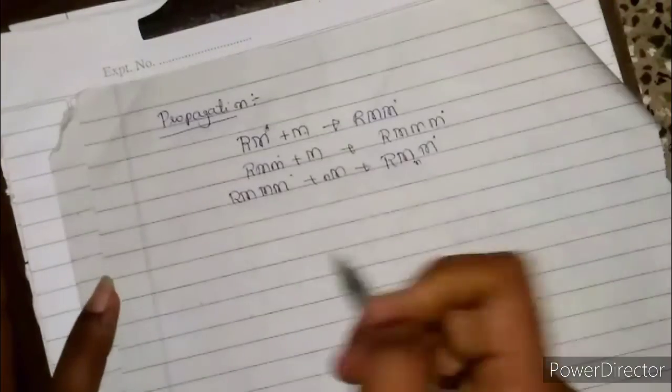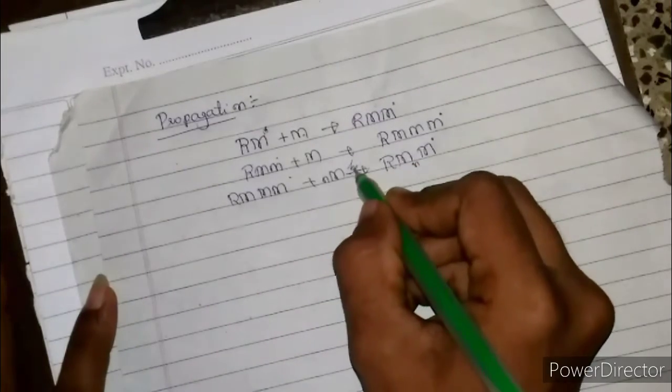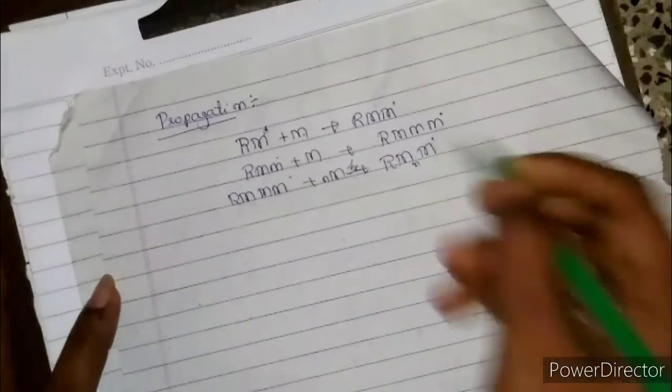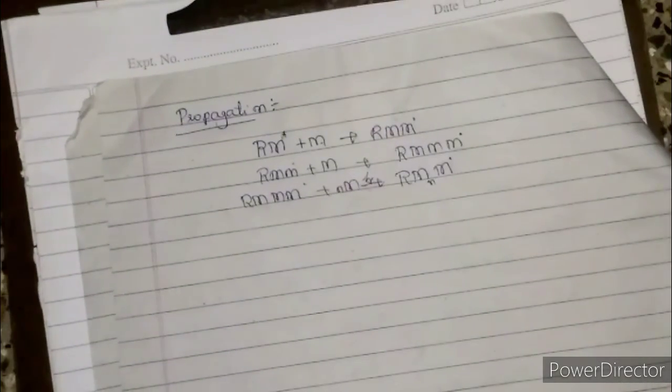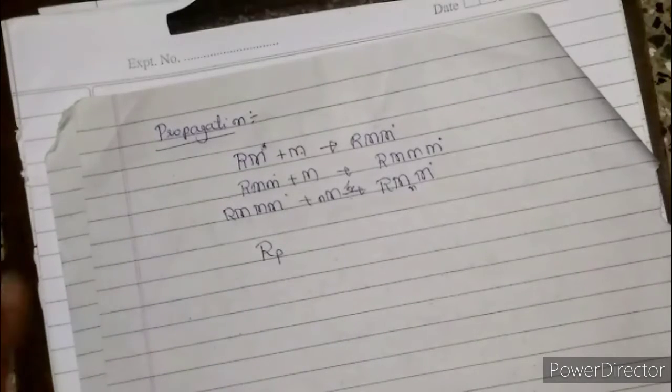Now let Kp be the rate constant for the propagation step. What is Kp? Kp is the rate constant for the propagation step. Now the rate is represented by Rp.